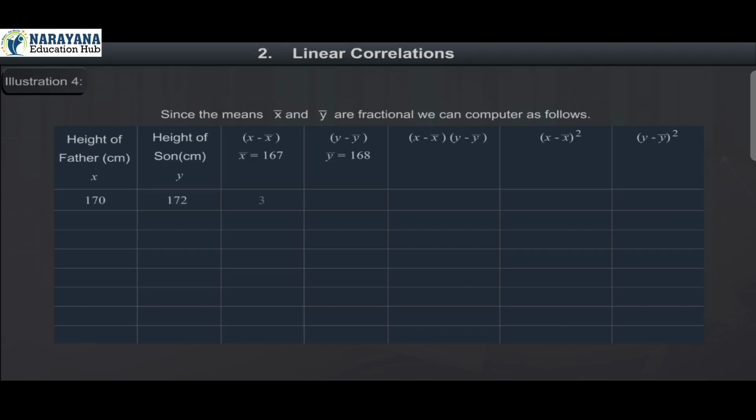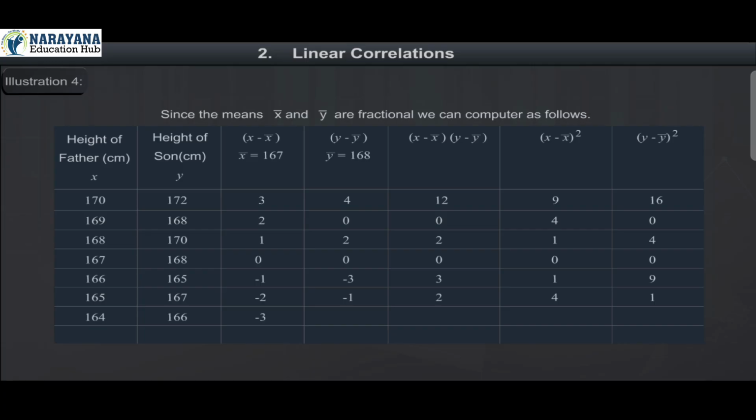The rows are: 170, 172, 3, 4, 12, 9, 16; 169, 168, 2, 0, 0, 4, 0; 168, 170, 1, 2, 2, 1, 4; 167, 168, 0, 0, 0, 0, 0; 166, 165, -1, -3, 3, 1, 9; 165, 167, -2, -1, 2, 4, 1; 164, 166, -3, -2, 6, 9, 4.